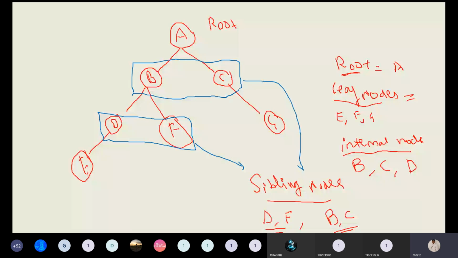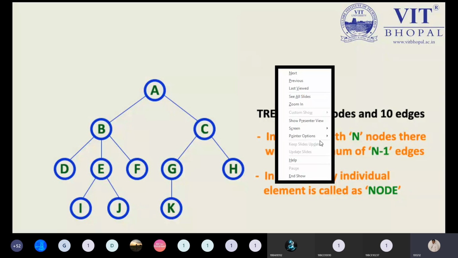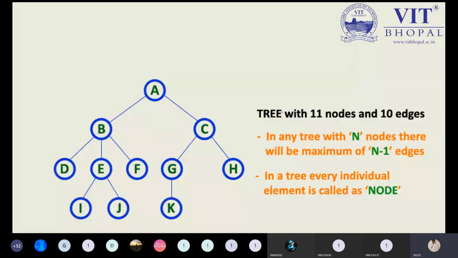So here we have a tree with 11 nodes and 10 edges. That part you need to identify, and there is an easy way to find it. Let me change my color pointer first. So, a tree with 11 nodes and 10 edges.